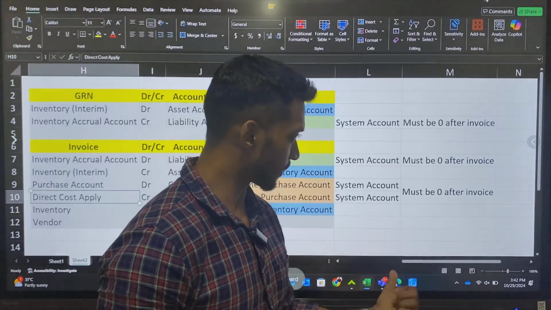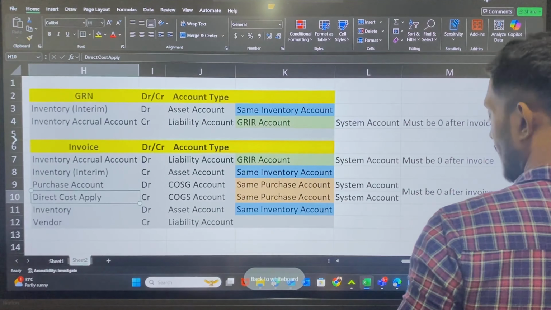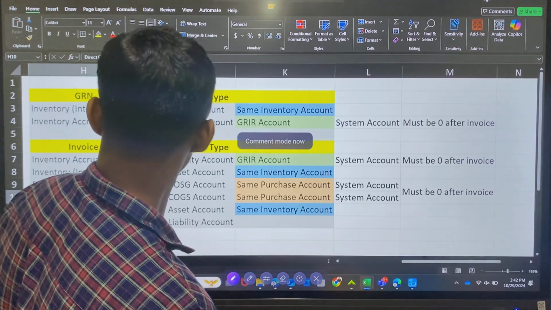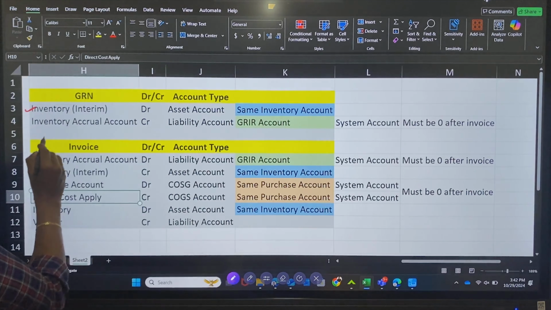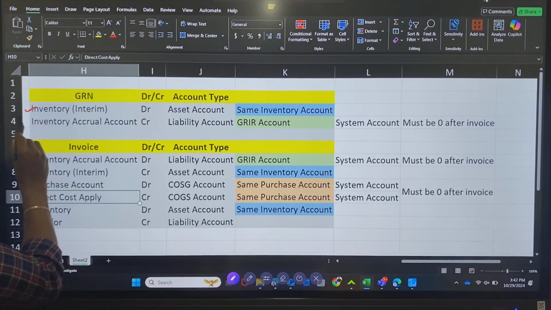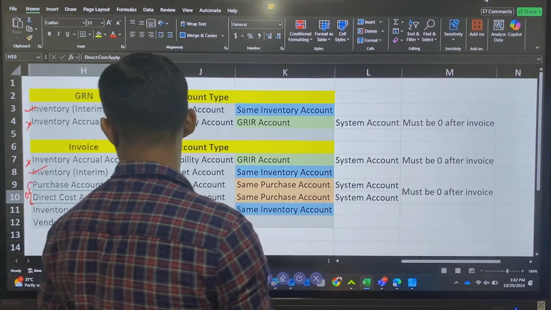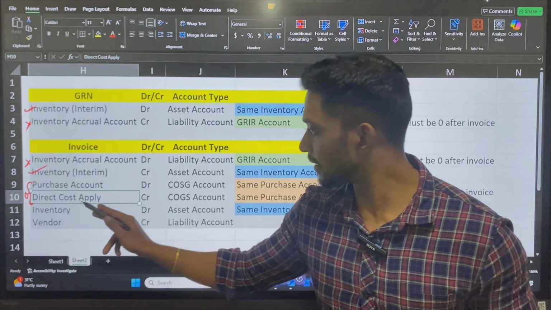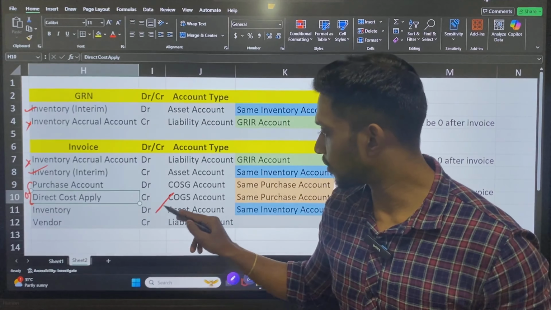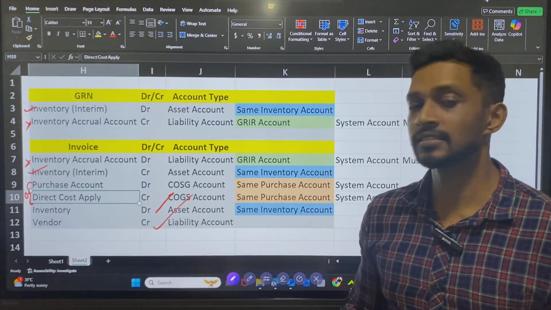So let's go to Excel. As I explained to you, at the end of the day this account gets tallied, this account gets tallied, this account gets 0 at the point of your invoicing. The final balance is available in the inventory account, the main inventory account, as well as the vendor's account.